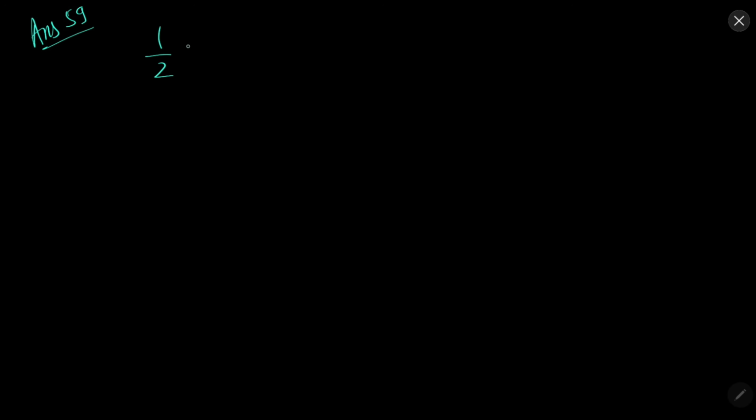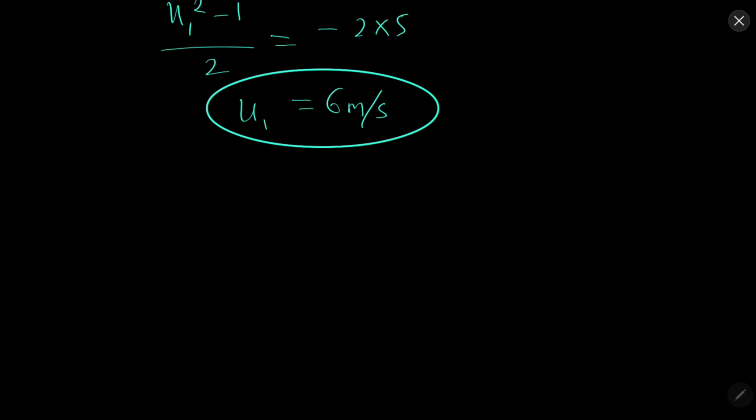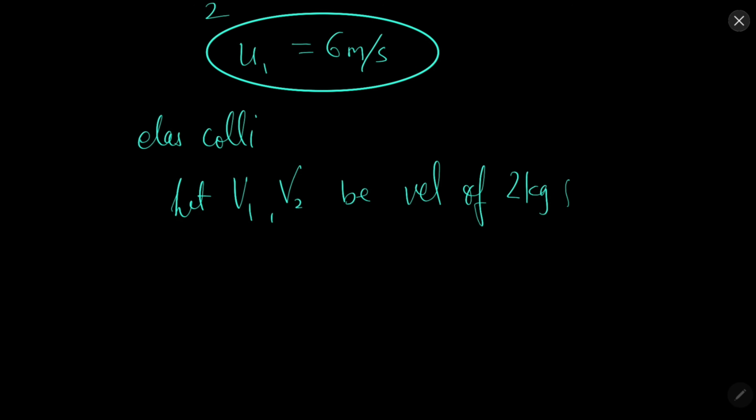From work energy principle, half m u1 square minus half m 1 square equal to minus m mu g into s. So u1 square minus 1 over 2 equal to minus 2 into 5. So u1 will come out to be 6 meters per second, and it is perfectly elastic collision. So because of that, let v1, v2 be velocity of 2 kg and 4 kg after collision.